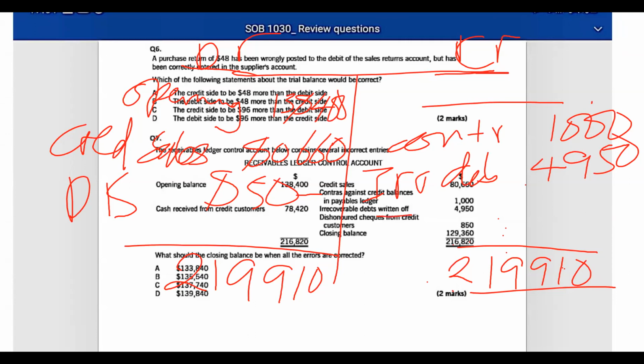What's the difference of these two? It should be 3,090. You get about 3,000. So it's 213,960.